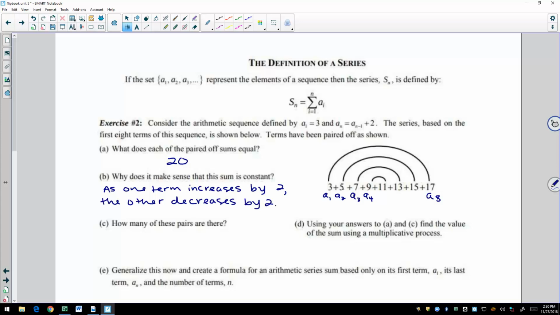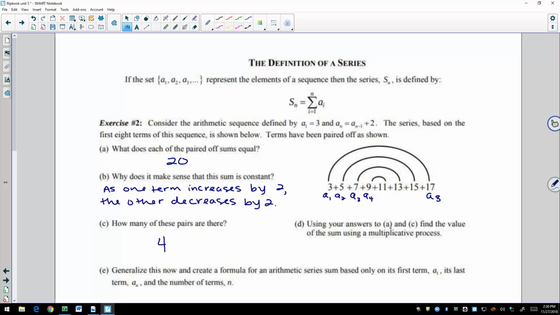So as these are going up by 2, these are going down by 2. So it should make sense that as you move to the right and then as you move to the left and you pair them off, you're going to get the same number. How many of these pairs are there? Well, there's 4 pairs. And how many terms were there again? There were 8. So keep that in mind. There are 4 pairs and we had 8 terms.